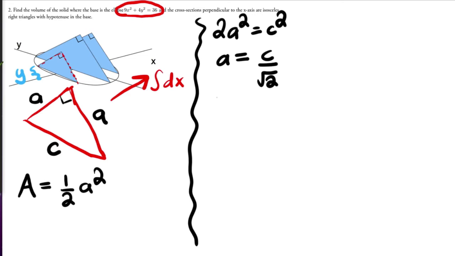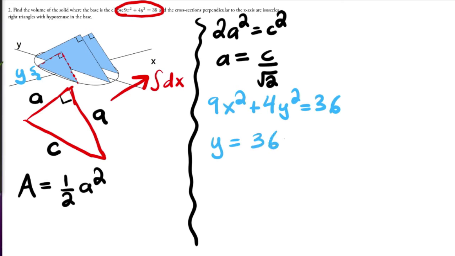Since I know that 9x squared plus 4y squared equals 36, that means that y is equal to the square root of (36 minus 9x squared) over 4.